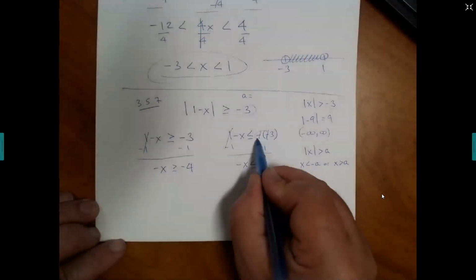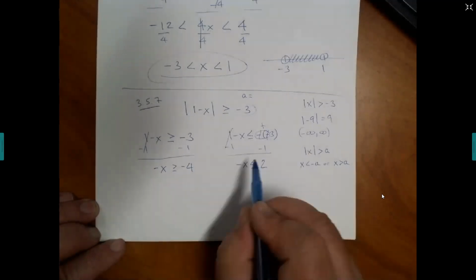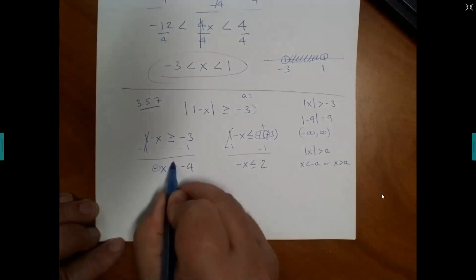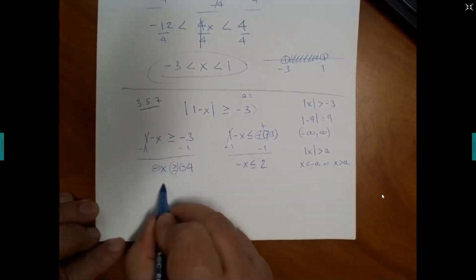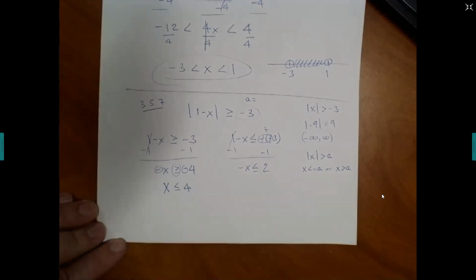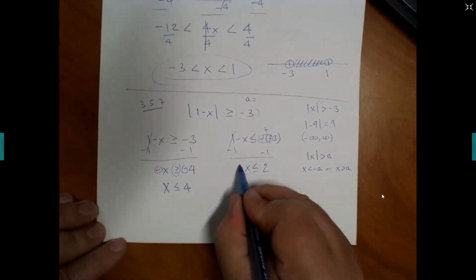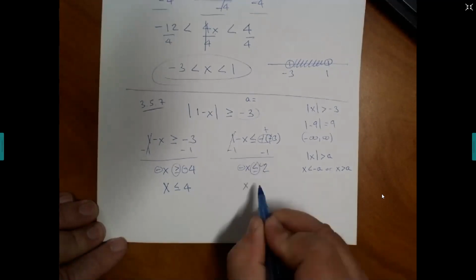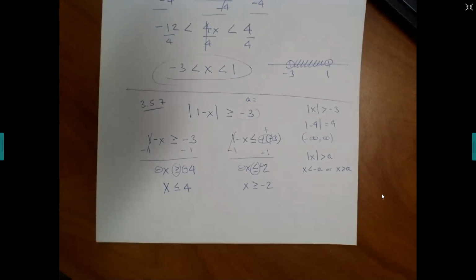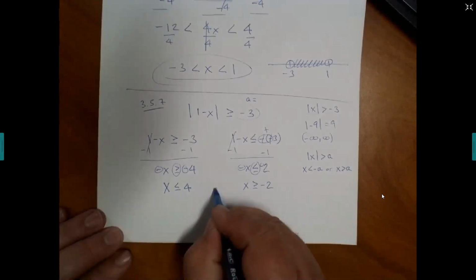Negative and negative becomes a positive. So I subtract 1 from both sides, I get 2. I had to change the signs, and when I change the signs, I have to change all the inequalities also. So x is greater than or equal to -2. And there's an or between there.